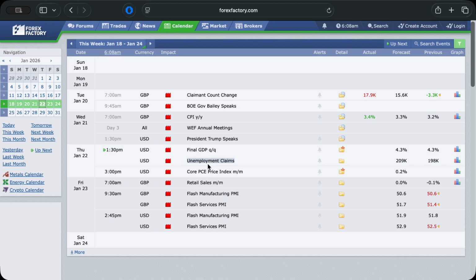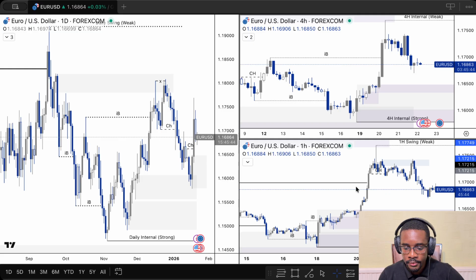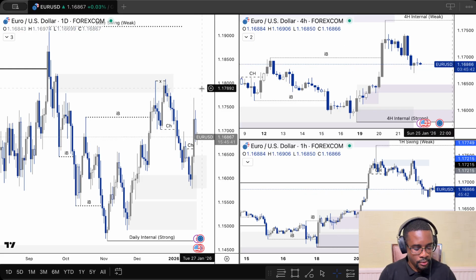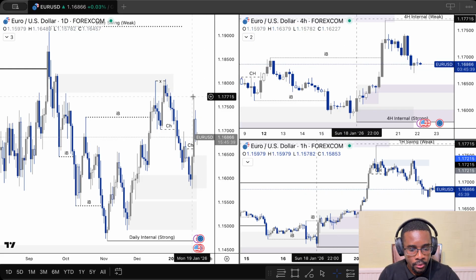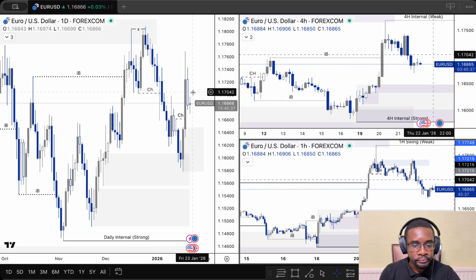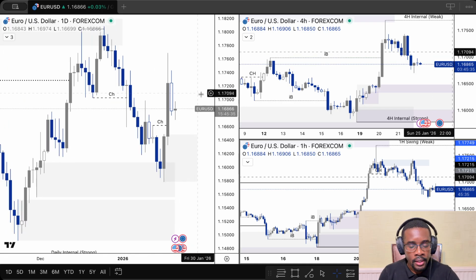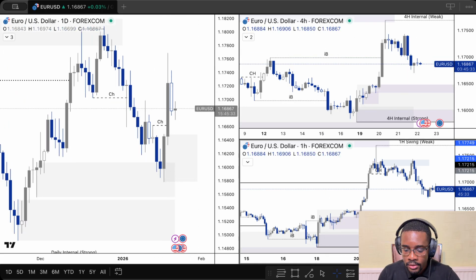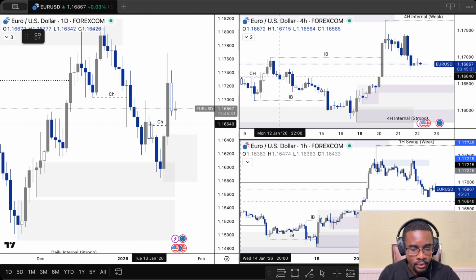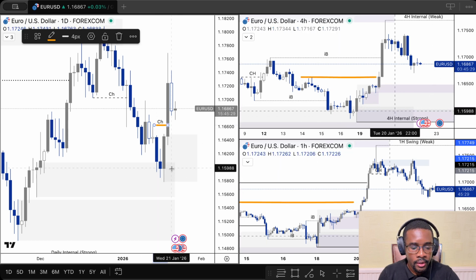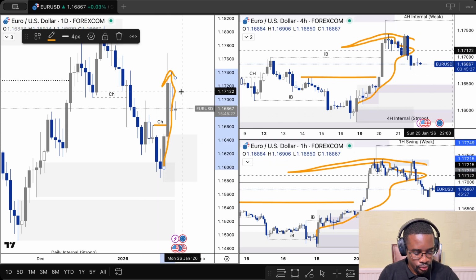All right, so let's start with a recap of yesterday, what we're expecting, and then let's see what we can come up with for today. So starting with Euro USD, we can see that we had a change of character bullish, and then we had a strong bullish push upwards.